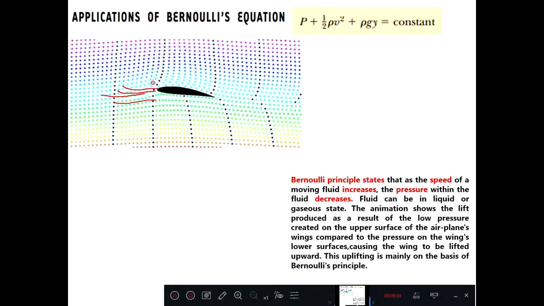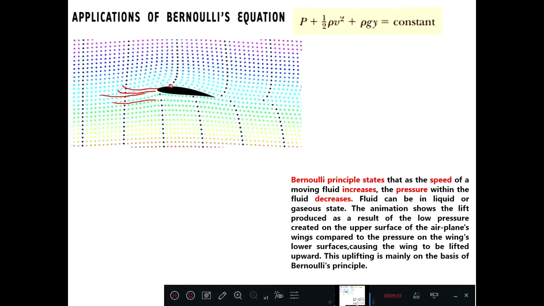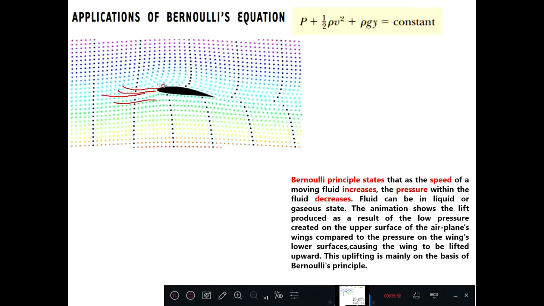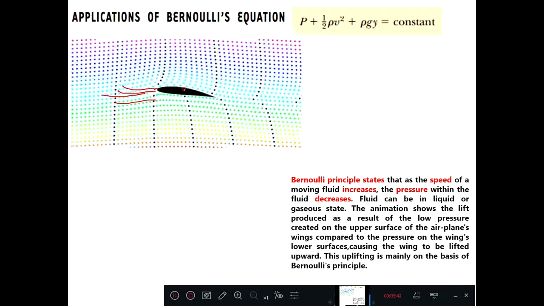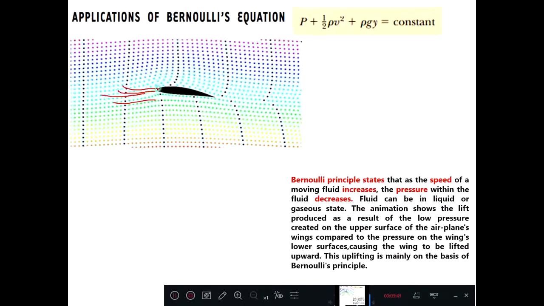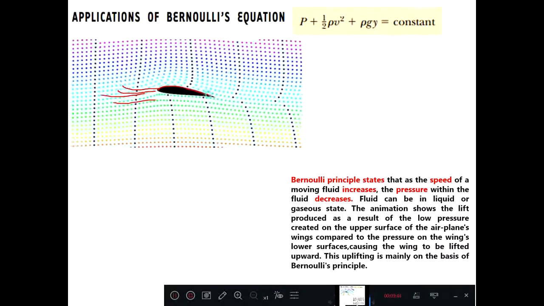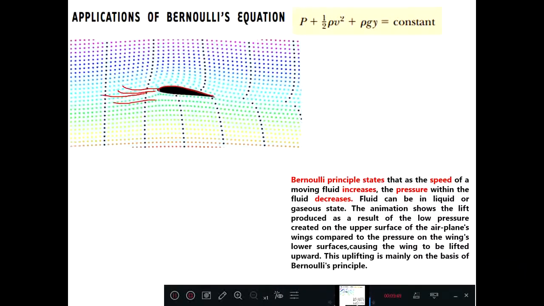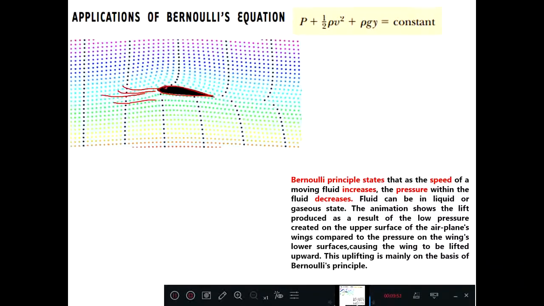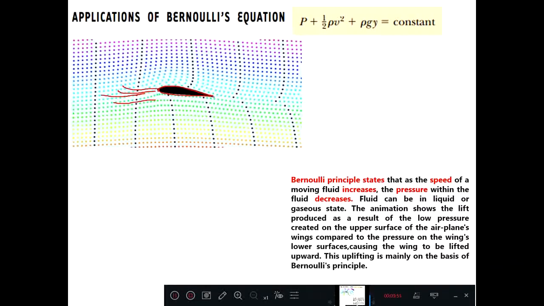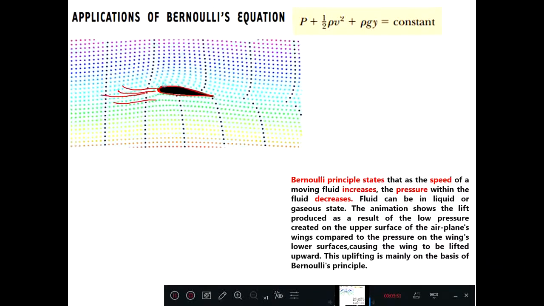Like this, the upper surface will be a little domed, at a higher position. So like this, the upper part of the wing.